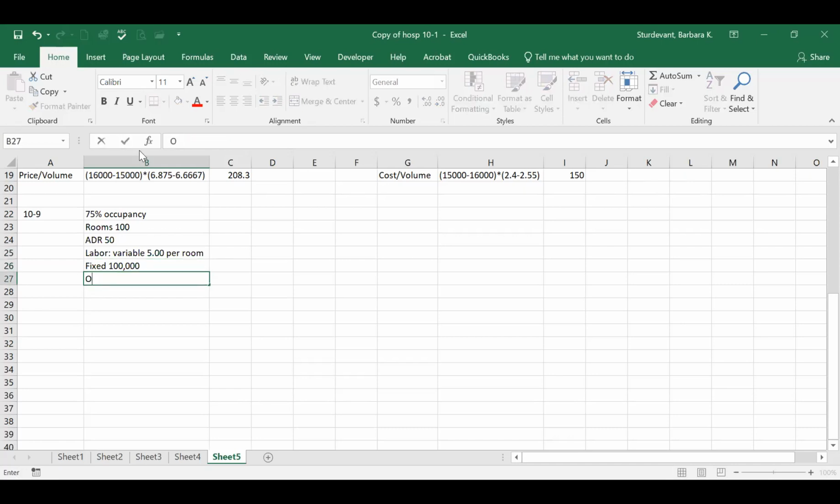And other expenses are $250 a room. Okay, so we're just doing a real short, condensed budget. And it said to presume that she's open 365 days.